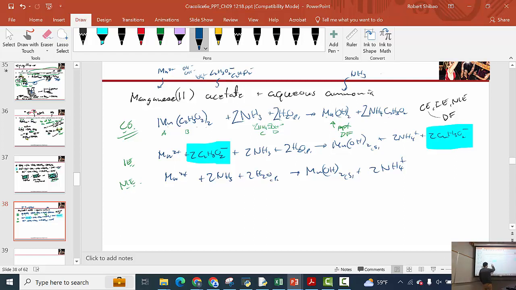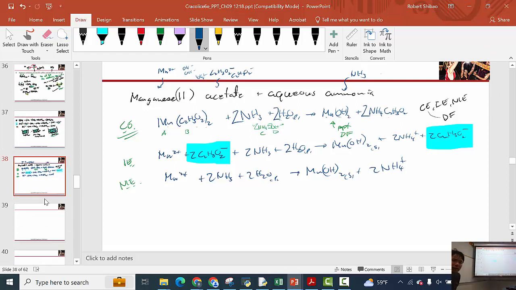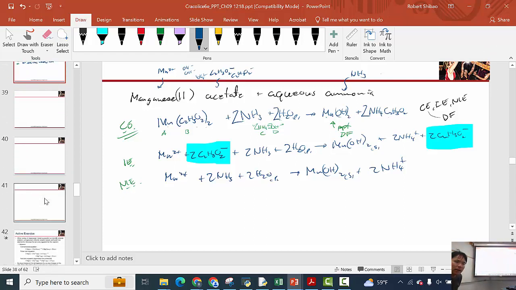What we have is net 2 plus on the left and net 2 plus on the right, on both sides. And so it's balanced here. So that's another example of that.